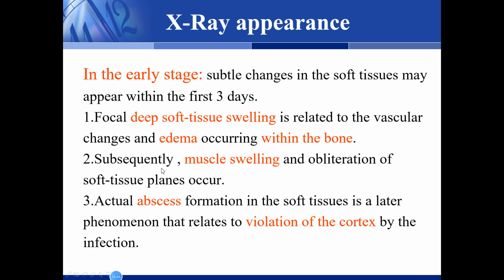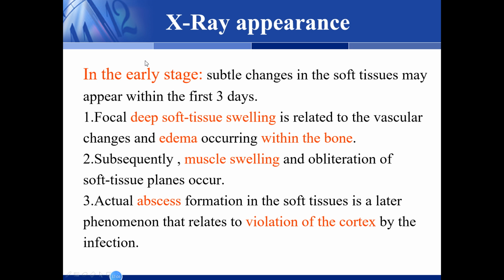Two, subsequently, muscle swelling and obliteration of soft tissue planes occur. Three, abscess formation in the soft tissue is a later phenomenon that relates to violation of the cortex by infection.